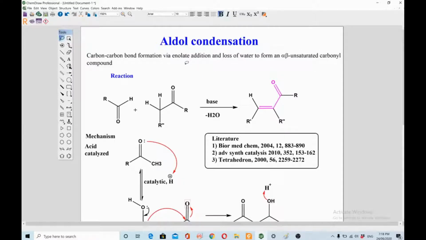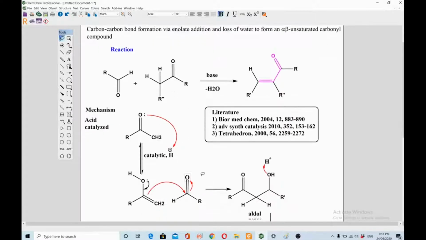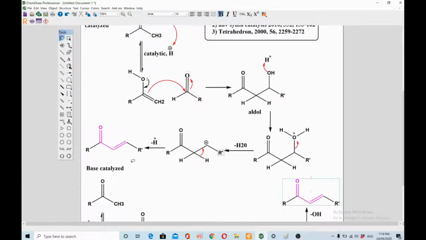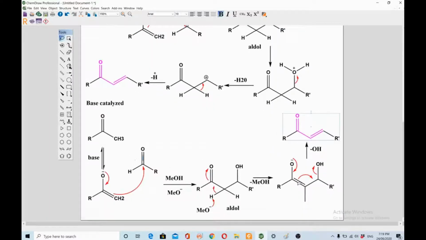This is the aldol condensation reaction, a very famous, traditional organic chemistry reaction in which you get aldol products if you are not dehydrating, and then the alpha beta unsaturated carbonyl compound is the main product, and this reaction can undergo either acid catalyzed or base catalyzed reaction. And this was the mechanism. You first get the aldol product, and then you dehydrate the OH group, the alcohol group, and you get the double bond. Similarly, in the base, you also remove this OH group, and you get the aldol condensation product.